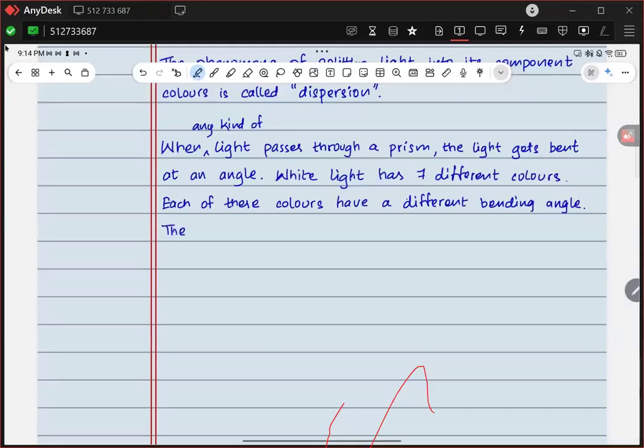The red light bends the least, and the blue light bends the most.